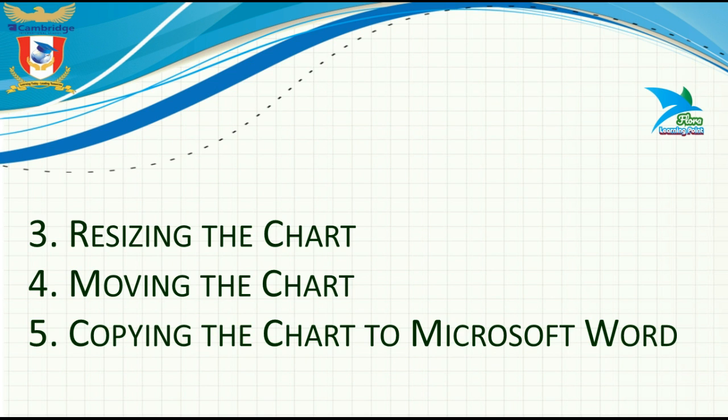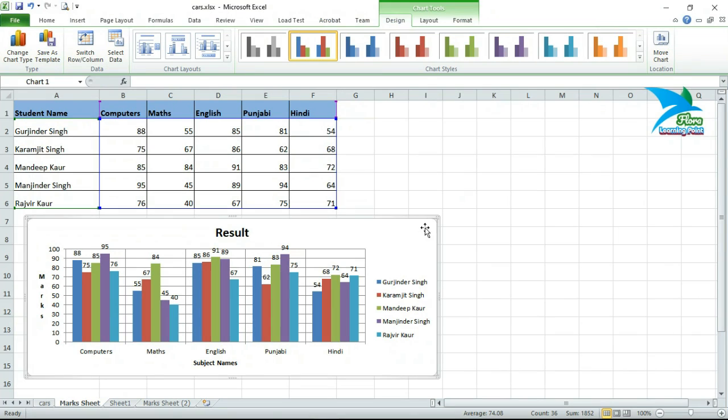And next we are having the topics: resize the chart, moving the chart, and copying the chart to Microsoft Word. We have already discussed how to move or copy a chart. Just choose the chart. First, how to resize. Move your pointer over the four corners, or the top or bottom, left or right.